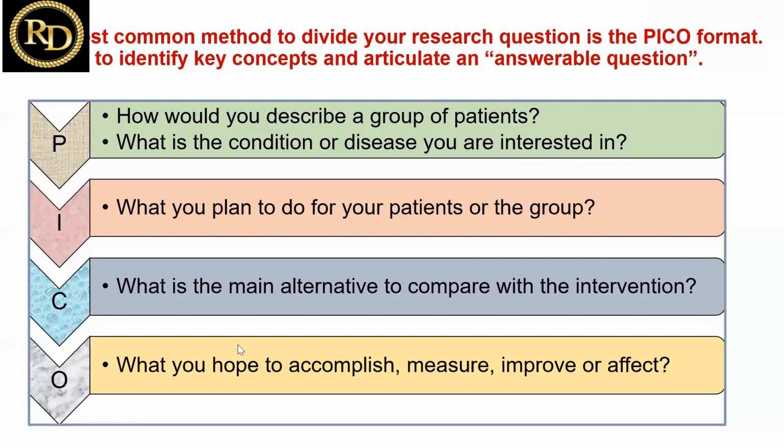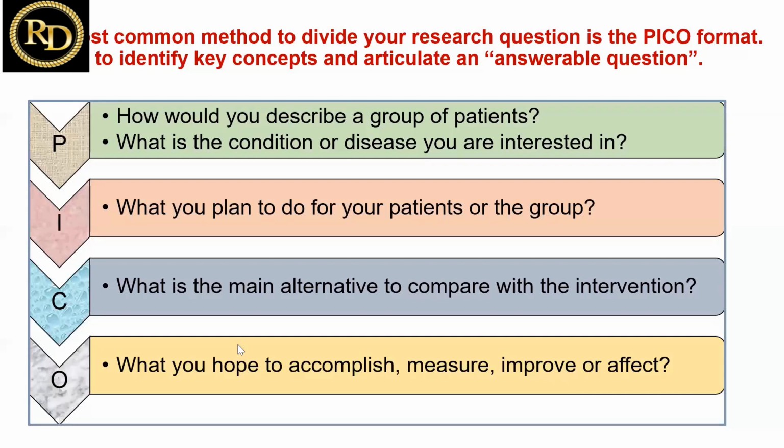This is the format in which we can break our research question. In every review, we have one research question, whether it is a systematic review, narrative review, dissertation, or thesis. We can break our research question into the PICO format.